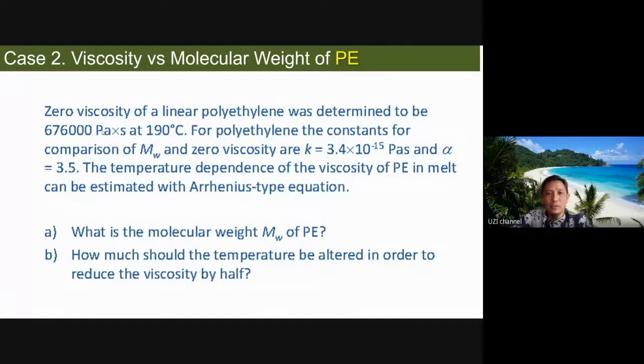We have the zero-shear viscosity of linear polyethylene like this at a temperature of 190 degrees C. The zero-shear viscosity is known for comparison with the molecular weight as the constants like this, and the constant alpha is 3.5. The temperature dependence of the viscosity of polyethylene in melt can be estimated with Arrhenius type equations.